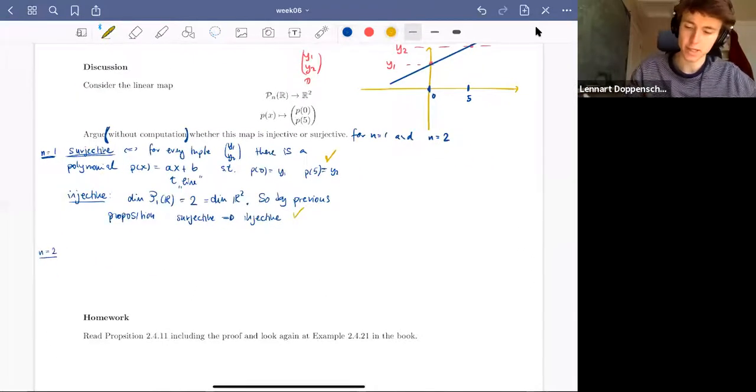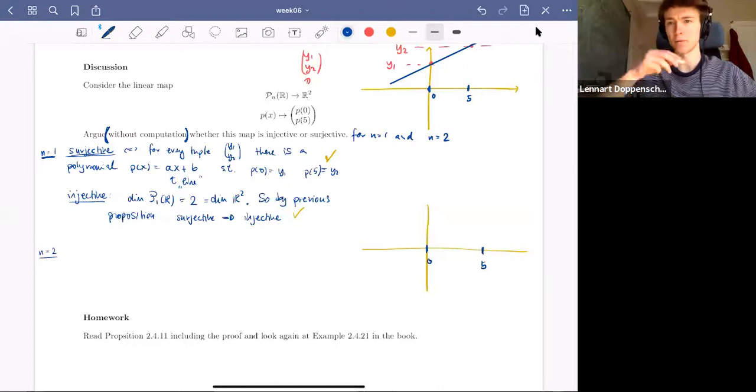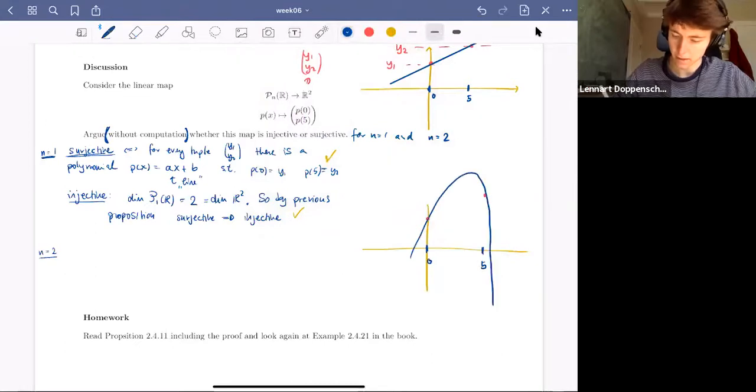Andrew said that if we look at, let's draw this again, we have the points 0 and 5. So now we're allowed to not just use lines, but we can use any parabola. So let's specify 2 values, say this and this. In particular we could take a line, but we may also use something like this. It's not very pretty, but I think you know what I mean.